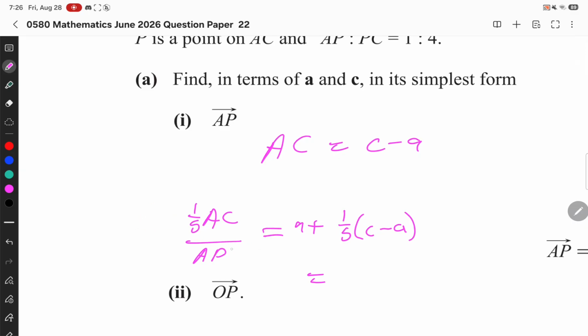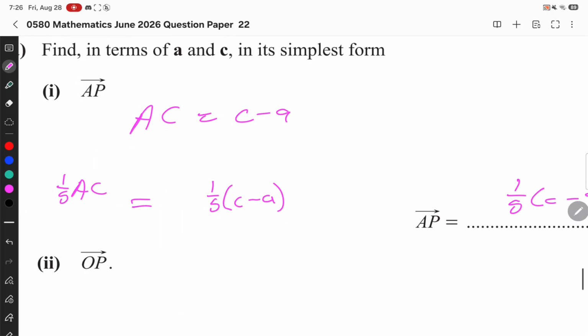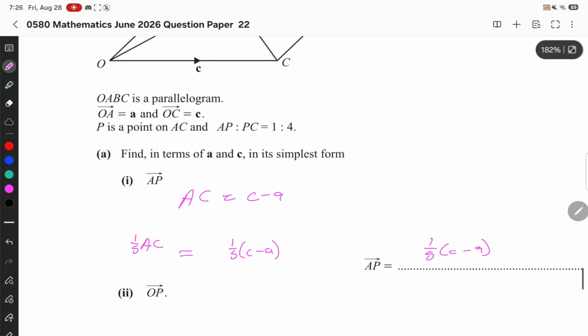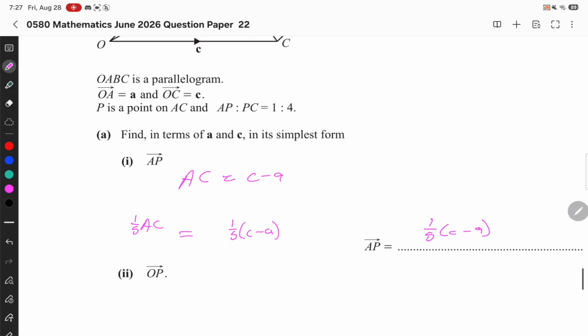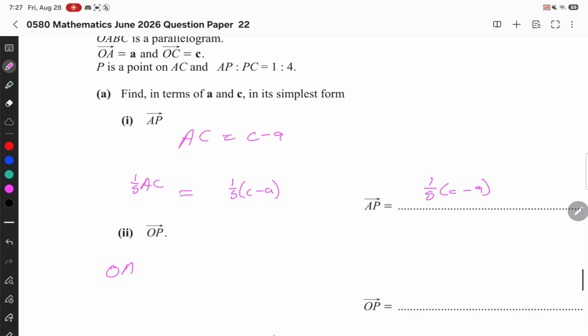Yeah, only this. This is AP. So this is what? That's 1 over 5 of C minus A. We know AP, so why are we adding it with A? Okay, so that's that. OP. Yeah, now we have done it.